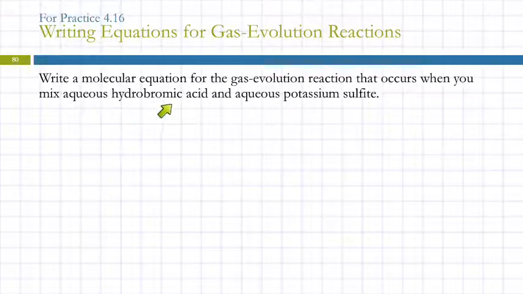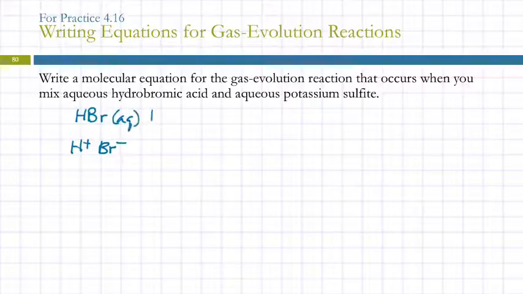So aqueous hydrobromic acid. The prefix hydro tells me that this is a binary acid. There's no polyatomic ion with oxygen. So it's bromic from bromine. So I've got the Br- and the H+, and so it's HBr. That's the hydrobromic acid.